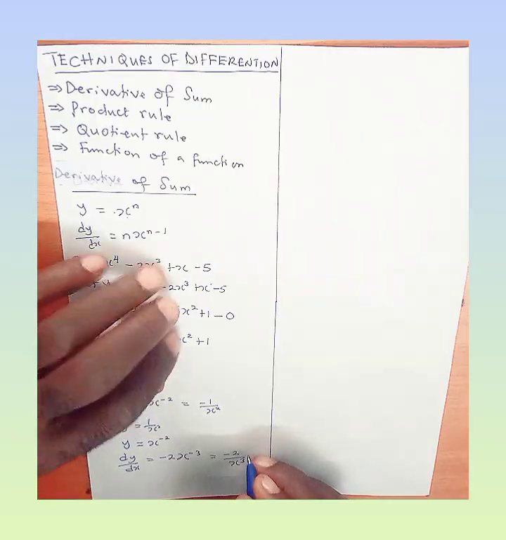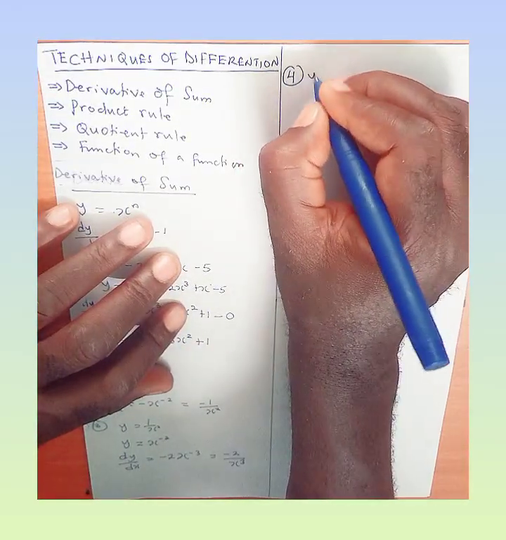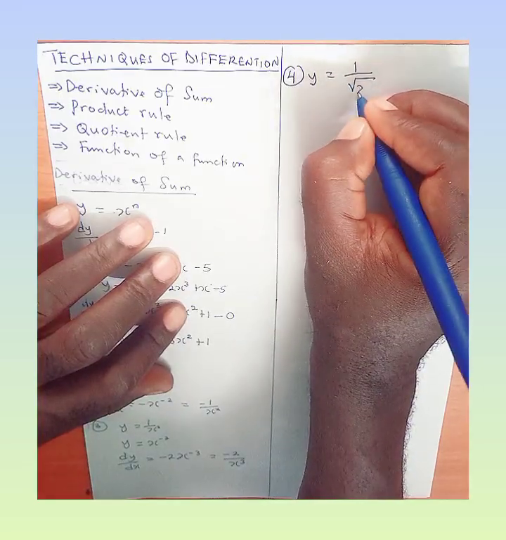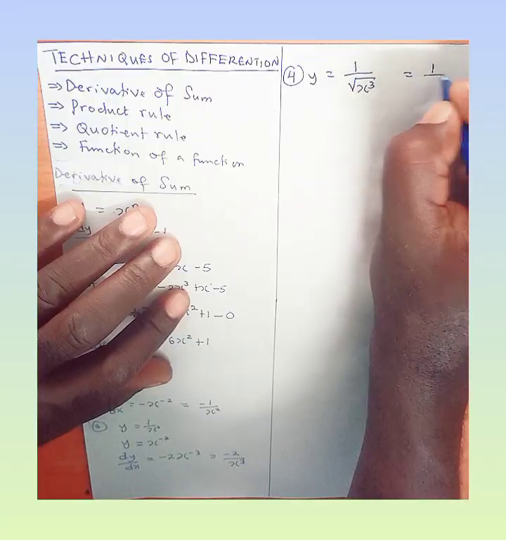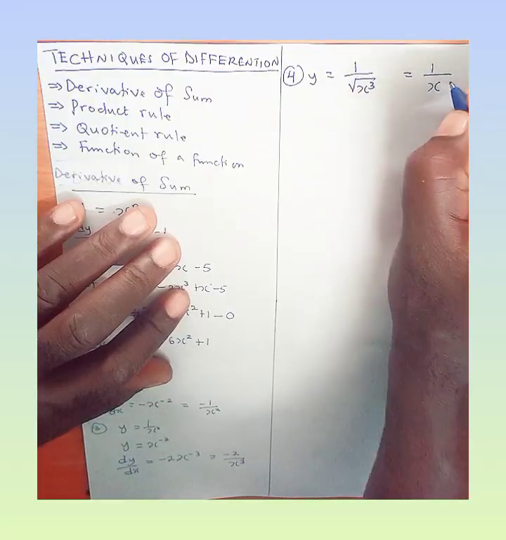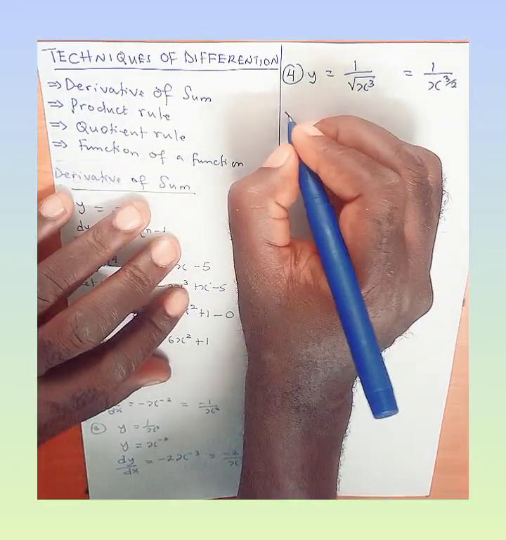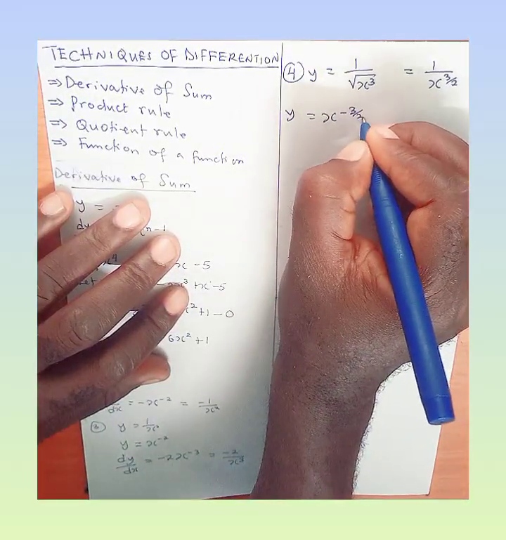Now let us take another example. Number 4, if you are given y is equal to 1 over square root of x cubed, then we will rewrite this as 1 over x raised to power 3/2. Then we have y as x raised to power minus 3/2.